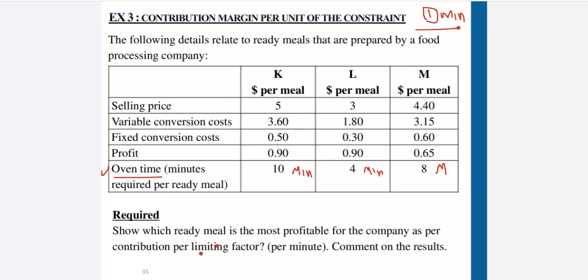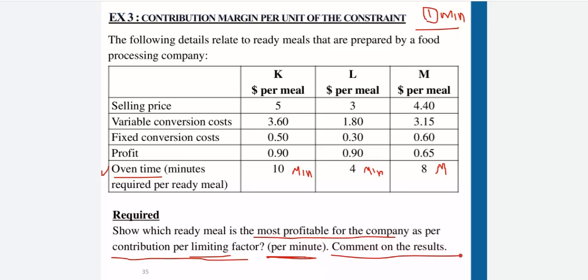Show which ready meal is the most profitable for the company as per contribution per limiting factor, as per contribution margin per limiting factor, which is per minute. So I must convert contribution margin from units to minutes and comment on the result. You must give your opinion.